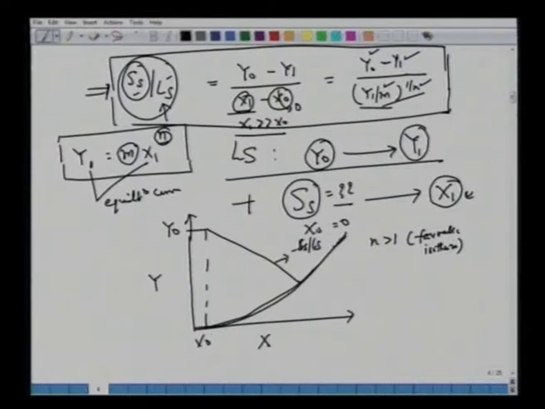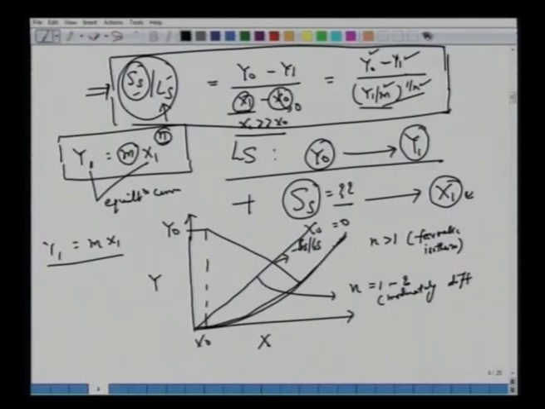Now n is 1, that means you have y1 equal to mx1, a straight line, and you will have the slope like this. This is n equal to 1. Generally n equal to 1 to 2 is known as moderately difficult separation or adsorption. So for n greater than 1, everybody favors larger values of n, the curve will be more and more increasing, a very sharp rise here.